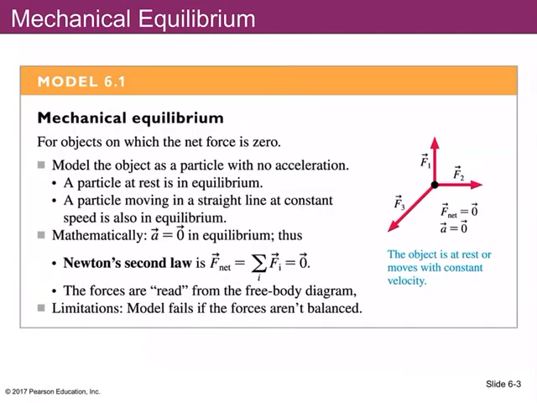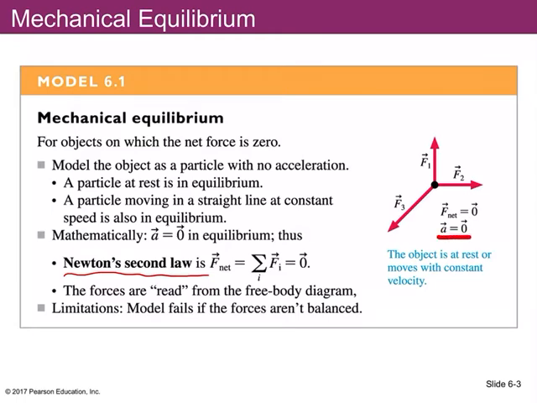All right. Just like in this picture here, and also in chapter 5, we talked about Newton's second law, which was the net force, and that was equal to the mass times the acceleration.